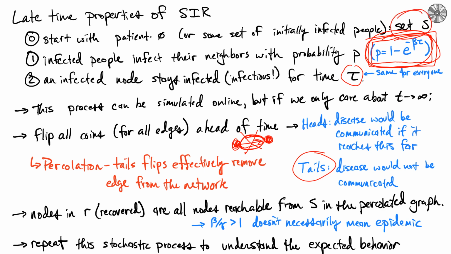So very similar to the SI model that we just saw, with its late time properties, but what we do is we first do a probabilistic percolation of the network based on this probability, where again, remember this probability is dependent on the infection rate and also on the recovery rate. So tau is related to the recovery rate.